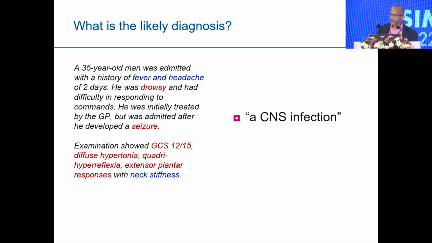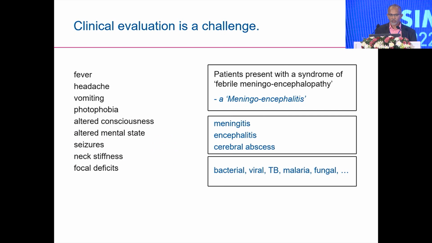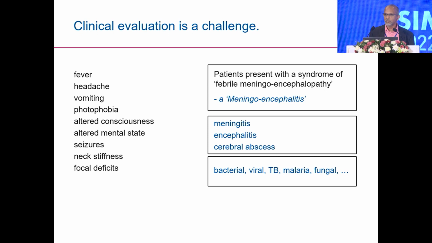He will also have features of an encephalitic component: altered consciousness, seizures, pyramidal signs. So all you can say in most cases is that it is just an undifferentiated CNS infection, because patients present not with pure meningitis or encephalitis or abscess, most of the time they present with meningoencephalitis.